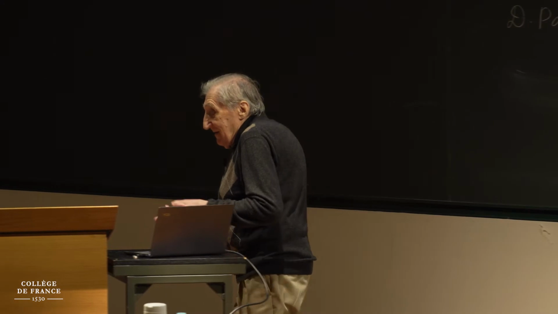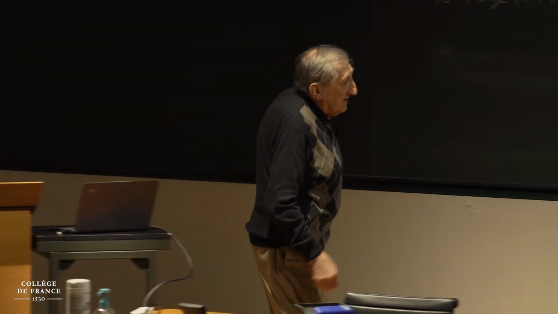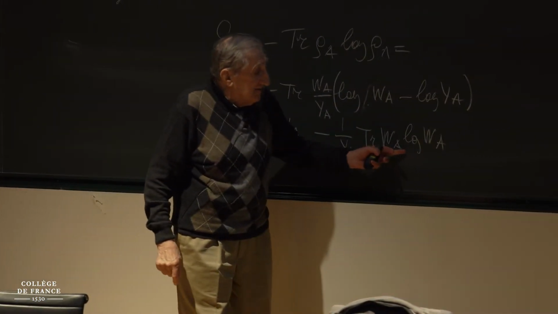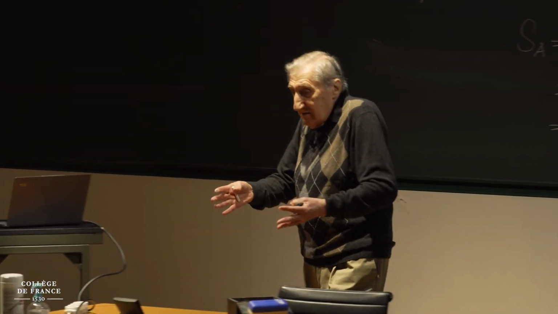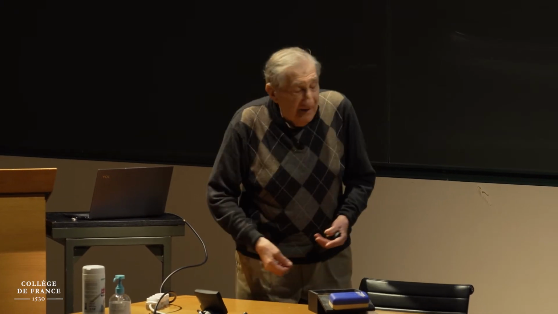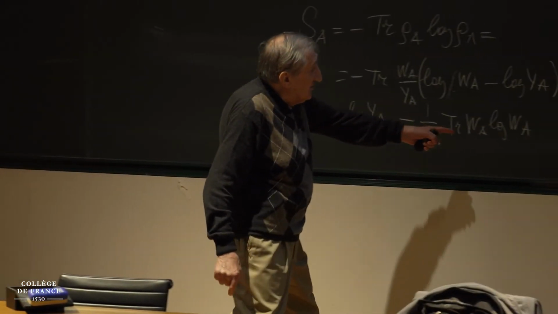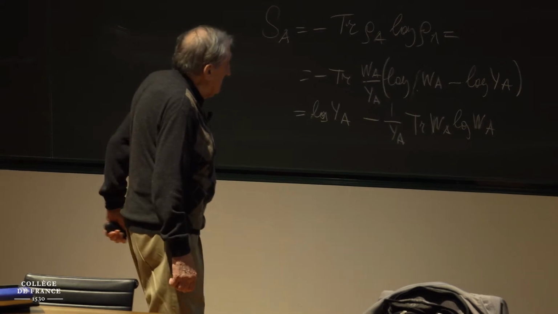I believe that everybody knows what is the function of Hermitian operator. It is just the function of the operator, for example, log. It is just the matrix, the operator with the same eigenvectors, but eigenvalues are the corresponding function of the eigenvalues. Yes.